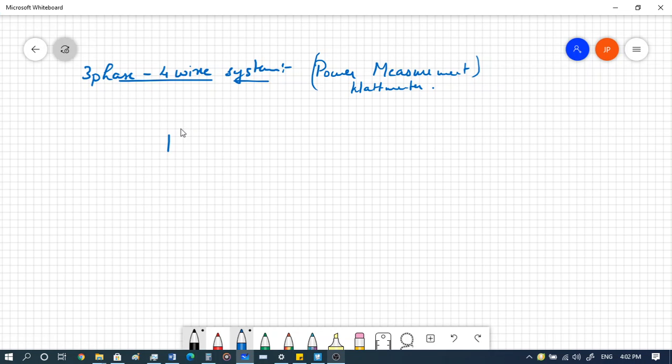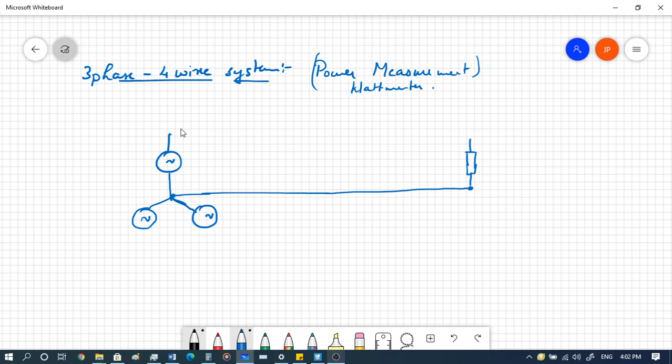Let's say you have a source, so this is your 3-phase source, and let's say this is your neutral, right, over here, and let's say you have a 3-phase load over here, right.